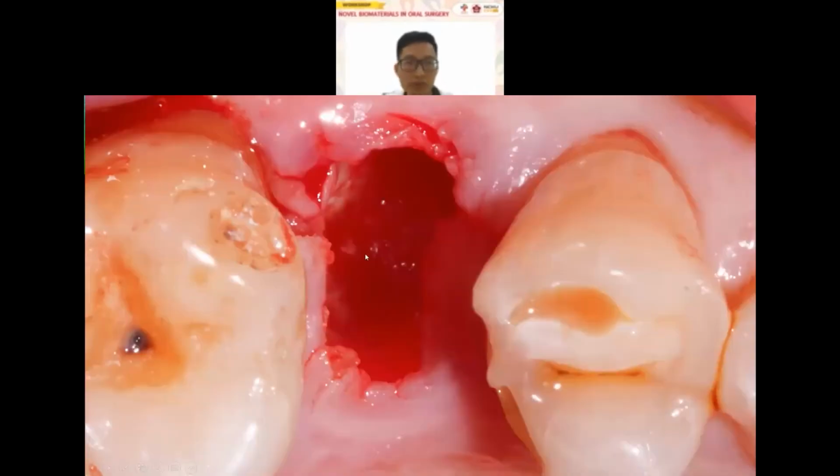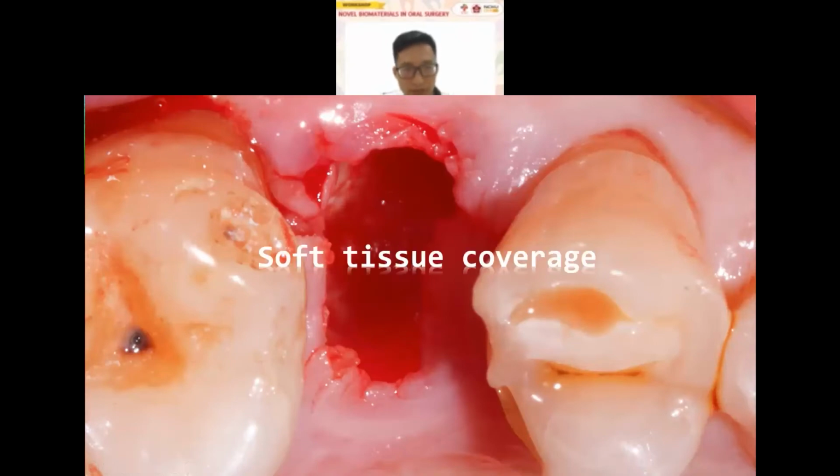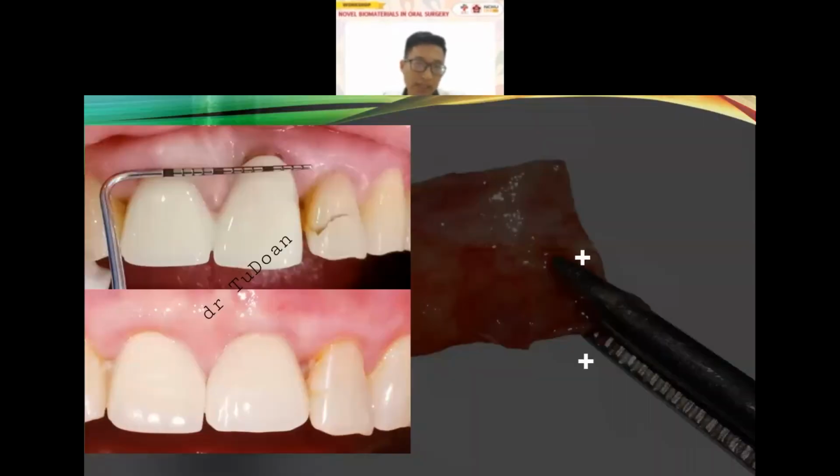And in the post-extraction site, we want soft tissue to cover the bone graft underneath, as well as the implant. We have to make a soft tissue graft. That's quite an interesting case I want to introduce to you today.